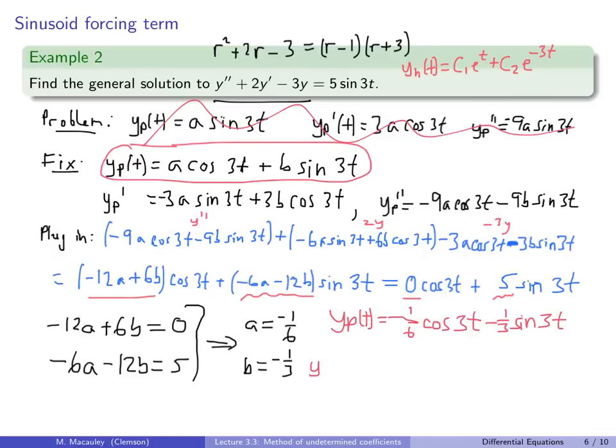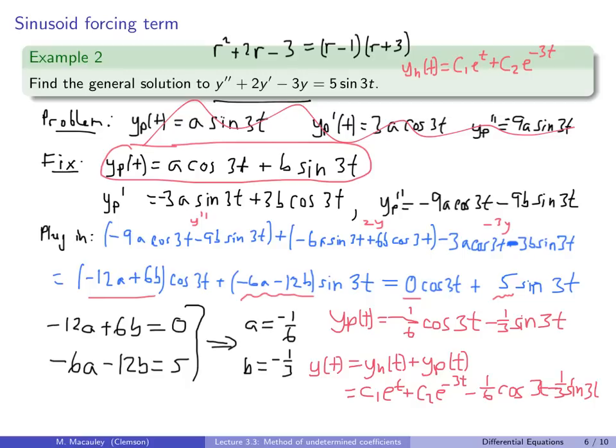And so our general solution, y of t, is our homogeneous solution plus our particular solution, and that is equal to c1 e to the t plus c2 e to the minus 3t minus 1/6 cosine 3t minus 1/3 sine of 3t. And that is our final solution.